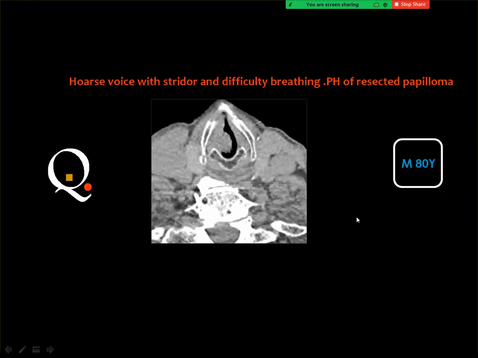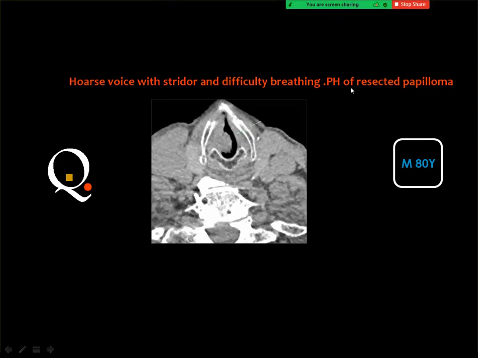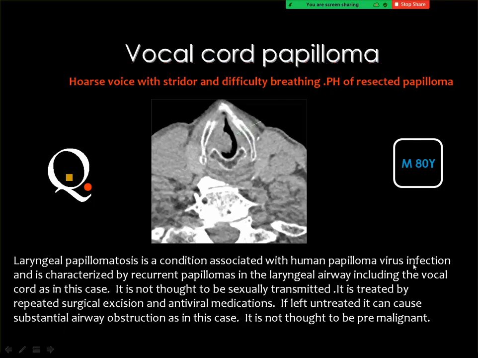Okay, in order to buzz quickly through the remaining cases, if you have the history of previously resected papilloma, you know that the patient had what is known as vocal cord papillomatosis or laryngeal papillomatosis, which is a condition associated with papilloma virus infection when the patient suffers from recurrent papillomas that are frequently resected.